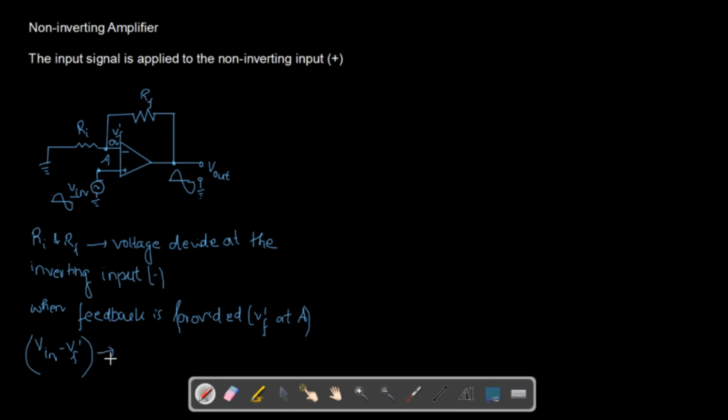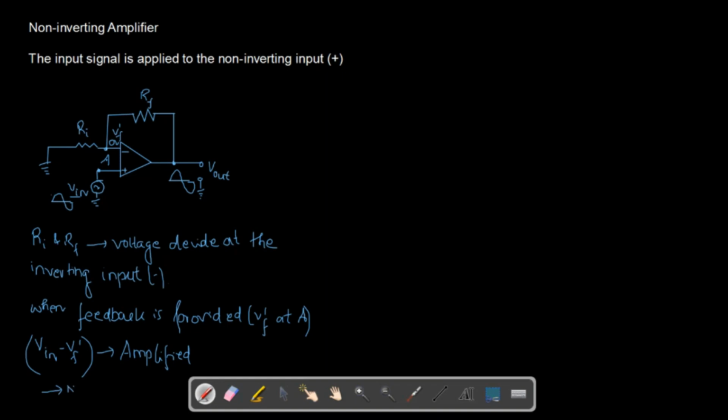This voltage is actually getting amplified now. So look into this. This is basically having a decrease in the voltage that is getting amplified. Okay, and that is why this particular thing is called a negative feedback.